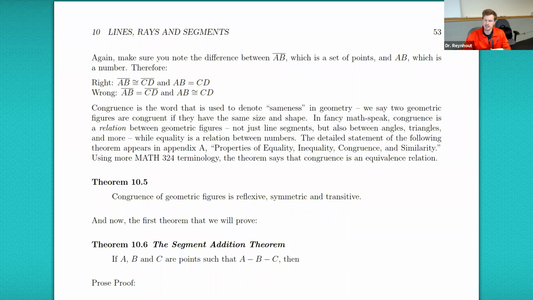Two line segments can be congruent to one another. So a line segment can be congruent to a line segment, and a number can be equal to a number. A line segment cannot be equal to a line segment. That's not the appropriate relationship there. So this is not right.